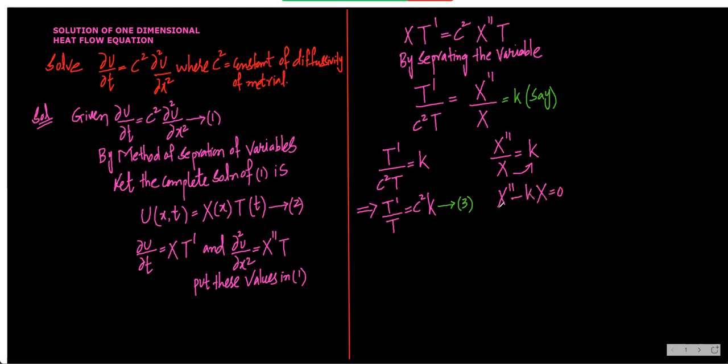We take this as equation number 4. After this, 3 cases will arise depending upon the value of k. Like we already did in the wave equation, the same concept will be repeated here.